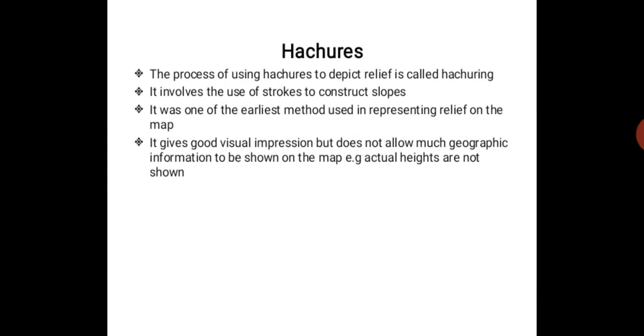When you see hatches on the map, a good visual impression will be presented to you, but there are certain details that are omitted. But for aesthetic view, sometimes it is used for decoration, used to make the surface very plain for you to understand it.